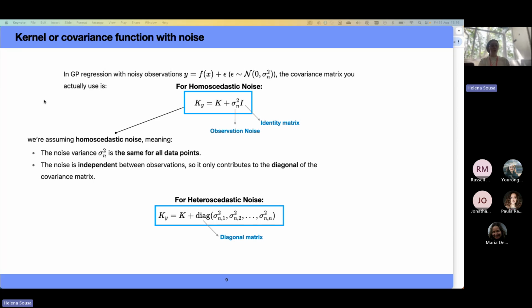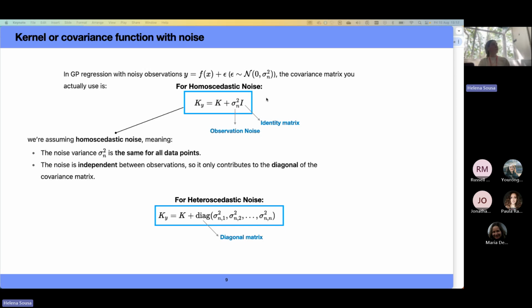And here is more just a note that in reality our observations can be quite noisy. So the actual covariance matrix we end up using can be defined by adding this noise term, sigma n, which is just the observation noise.